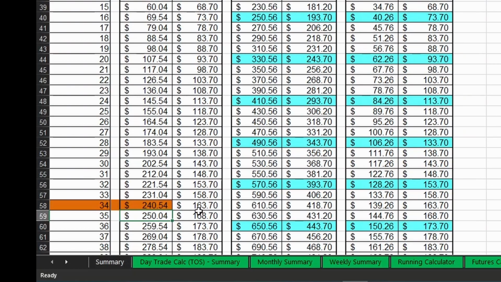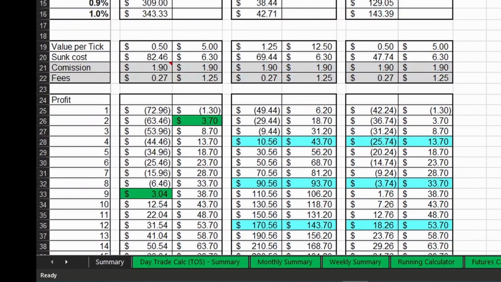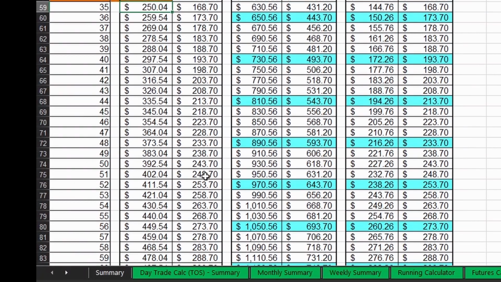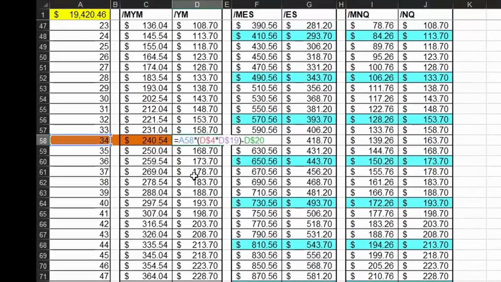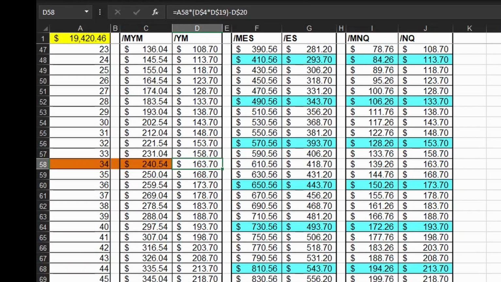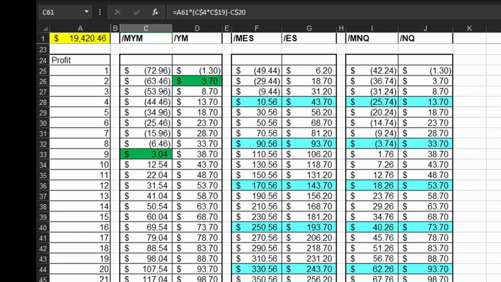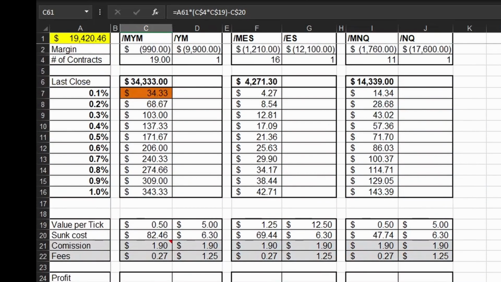And also, if you were trading the YM, and you'd be doing only one contract, a 0.1% move would get you $163.70. So that's one way of evaluating how many contracts you'd like to do. A lot of people have many reasons for when to exit.